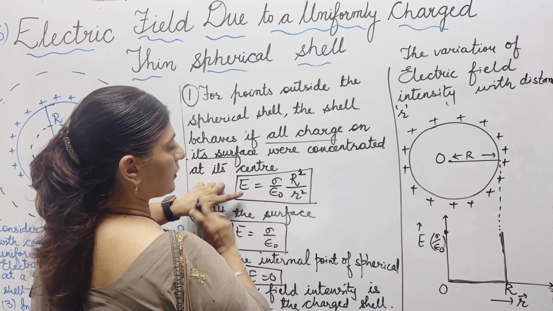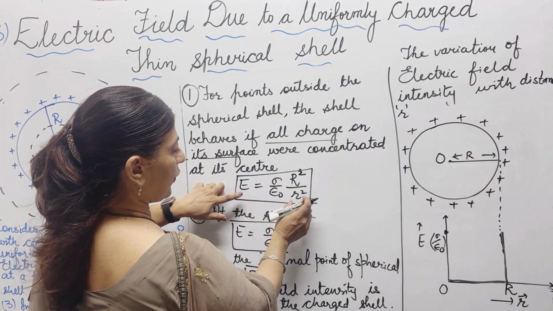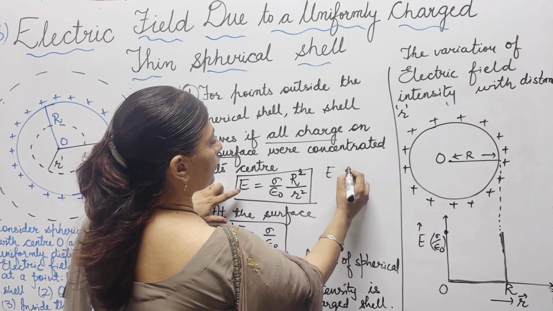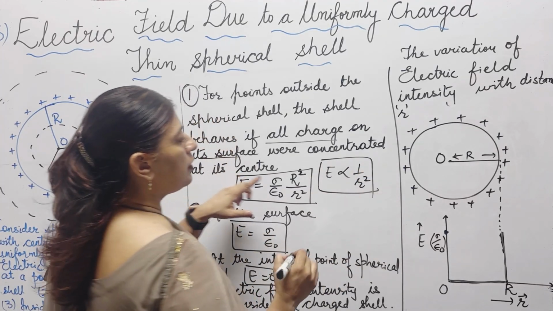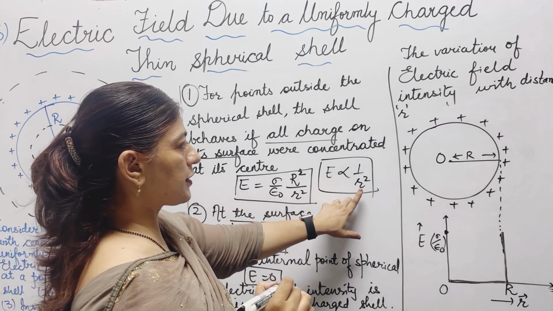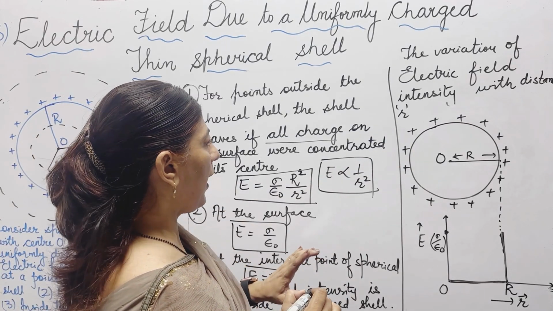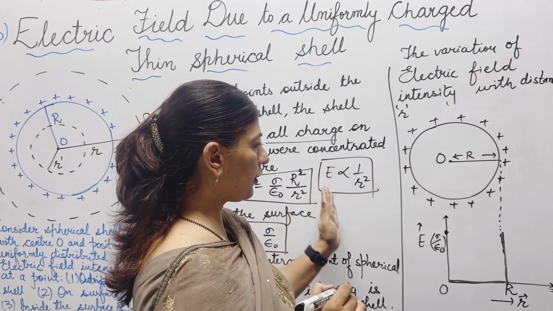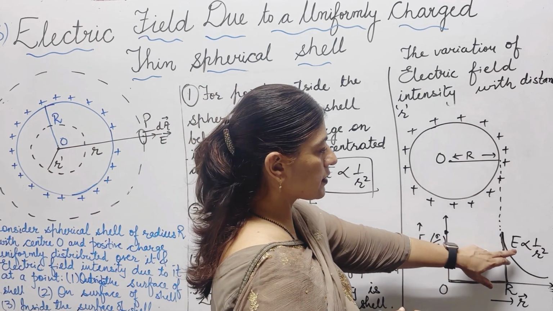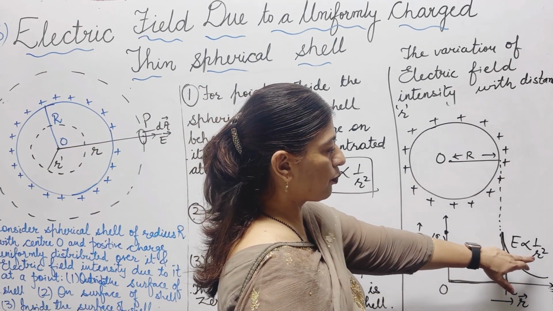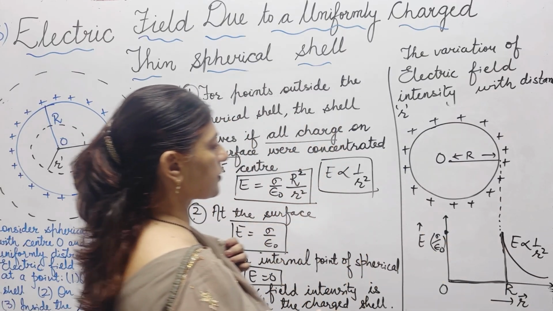Sigma, epsilon naught and R are constant quantities. r varies, so here the electric field varies according to the square of the distance taken from the point O, and here the electric field gradually decreases. Here the electric field decreases and it is inversely proportional to the square of the distance.